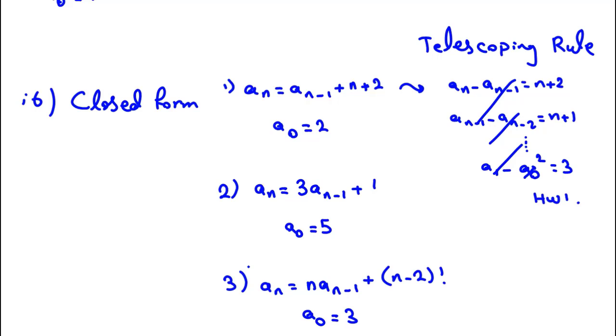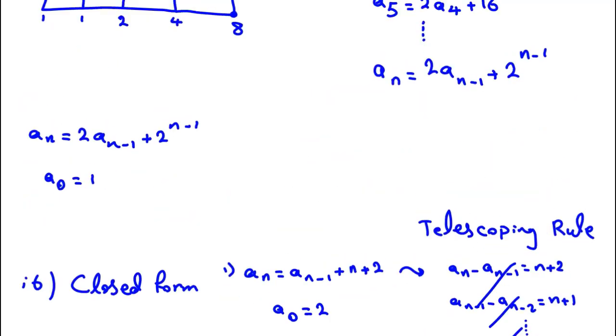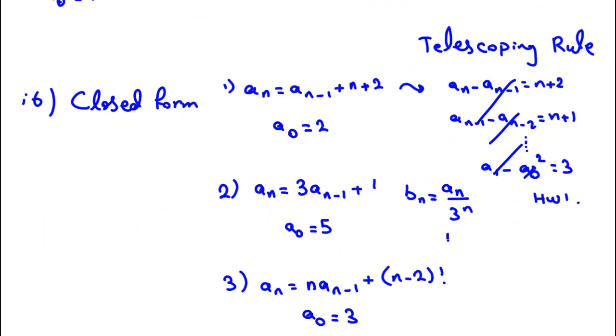Now, also, let me tell you the idea for homework 2. The idea for homework 2 is to define Bn equals An over 3 to the n. Then you can use the telescoping rule. And in this problem, I will explain completely. So as homework 2, try to do the rest of this. And for homework 3, you should see here, we should define Bn as what, okay?